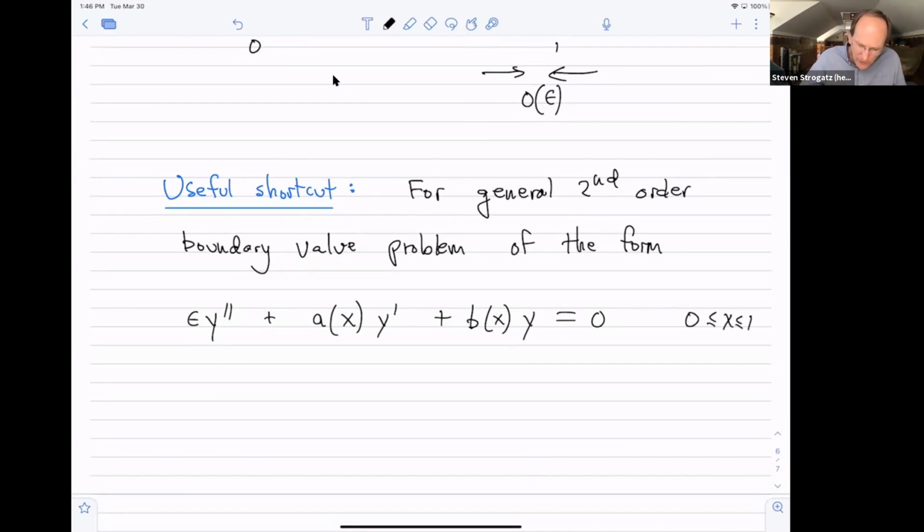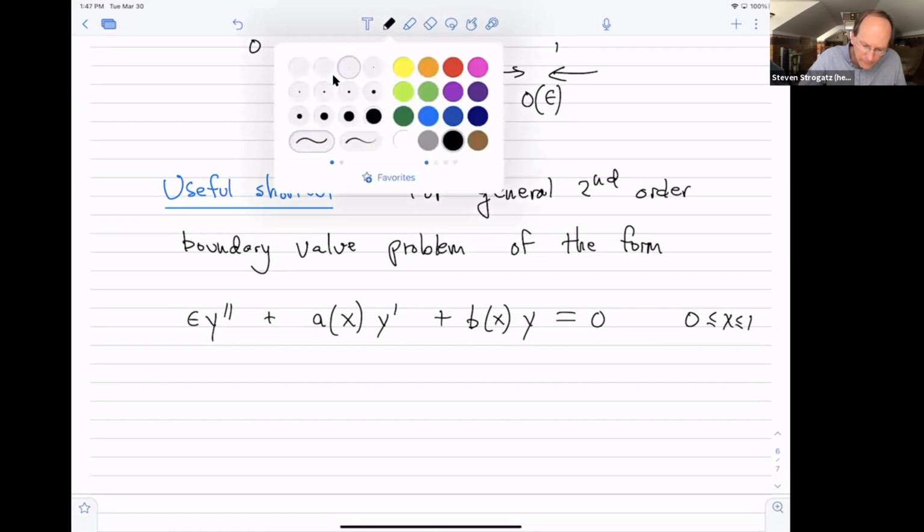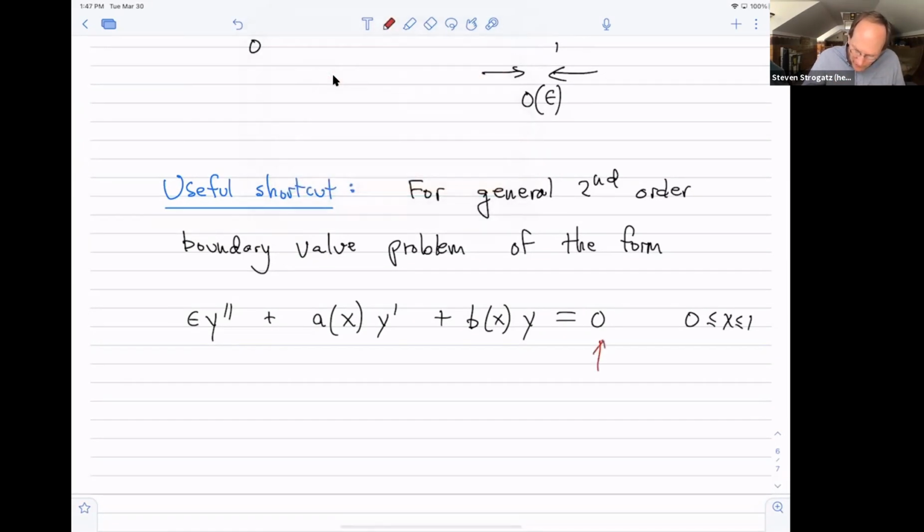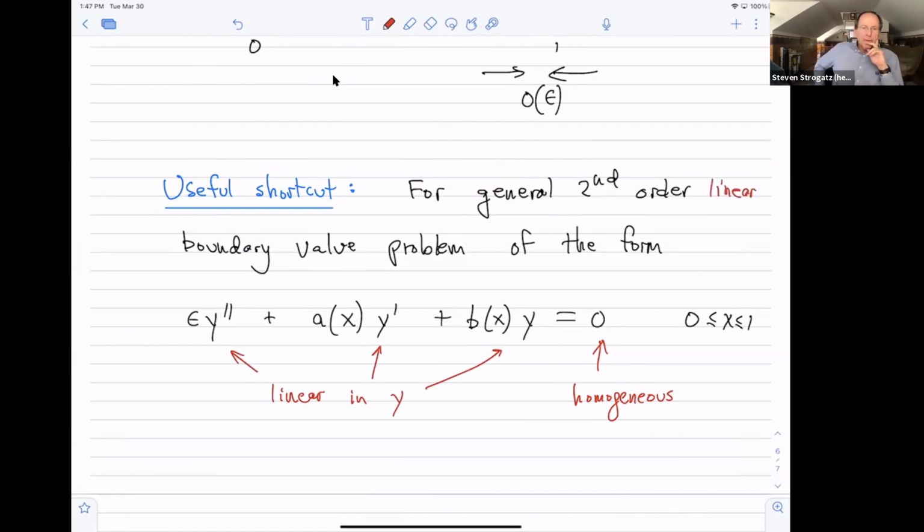So notice a few things. It's homogeneous, got a 0 on the right-hand side. It's also linear in y. Right, it's a linear equation. So maybe I should even put that in there. It's a second order linear boundary value problem of this form, homogeneous.